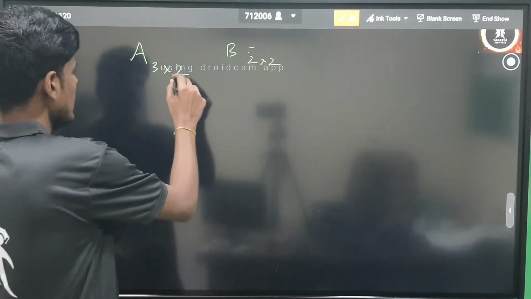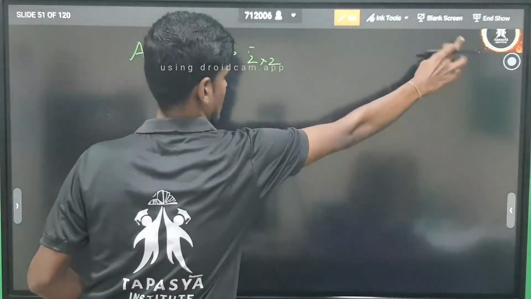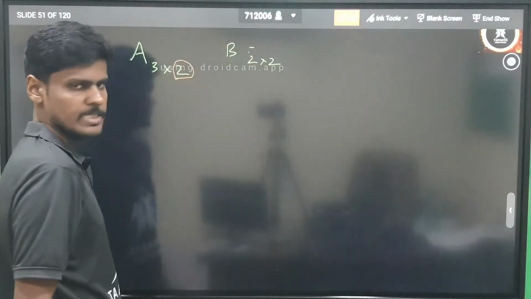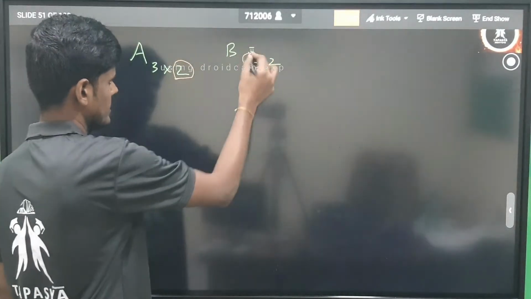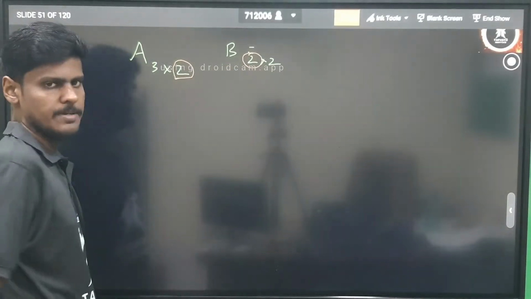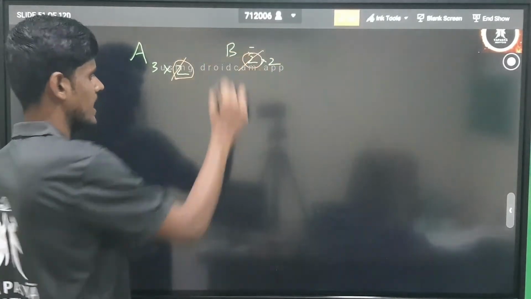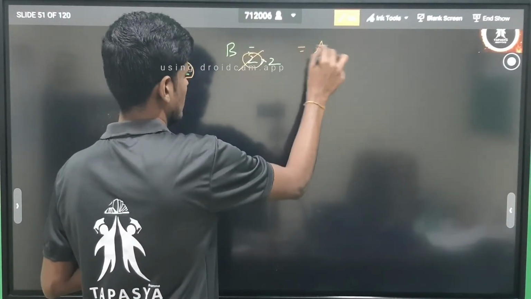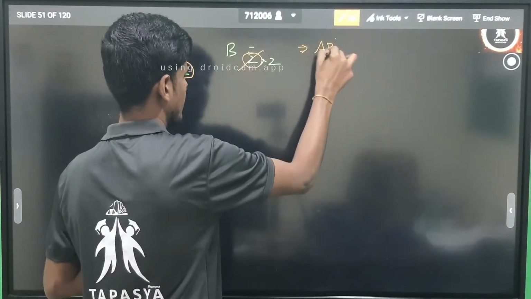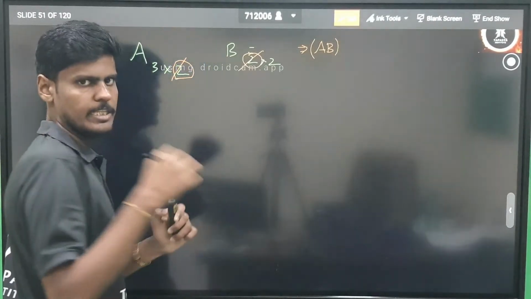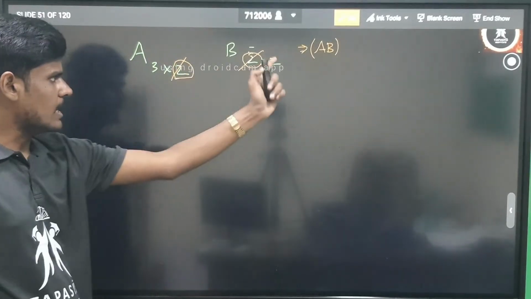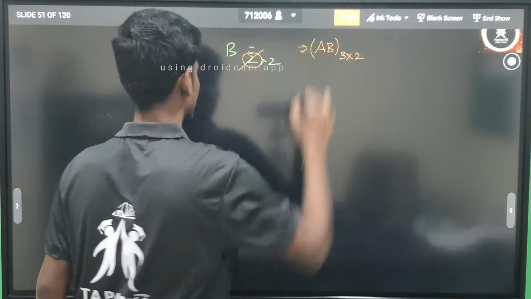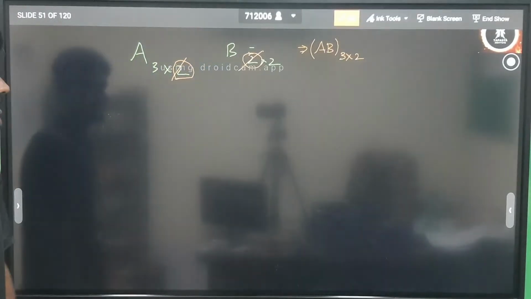We have to see the column number of the first matrix and the row number of the second matrix. If these two values are the same, then we can cancel out this and we can find the AB matrix. AB matrix will be of order: take the row number of the first matrix and the column number of the second matrix, that is 3 by 2. This will be the answer.